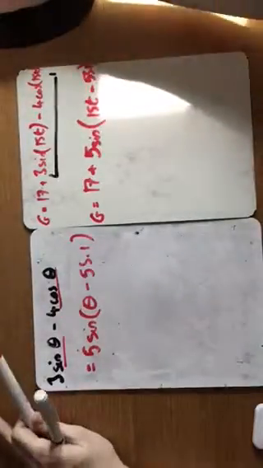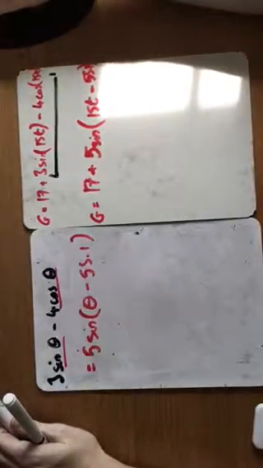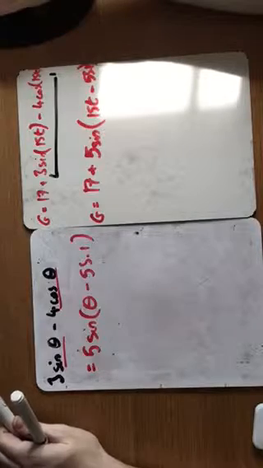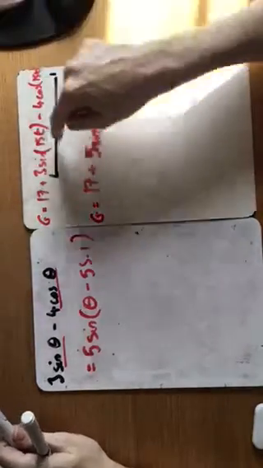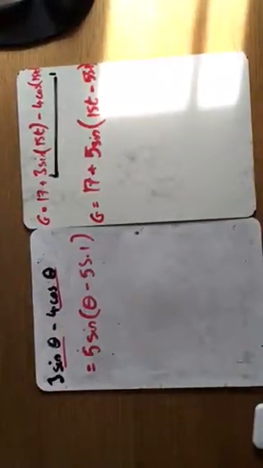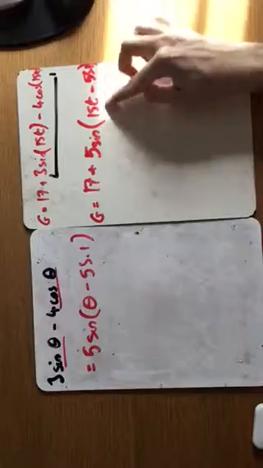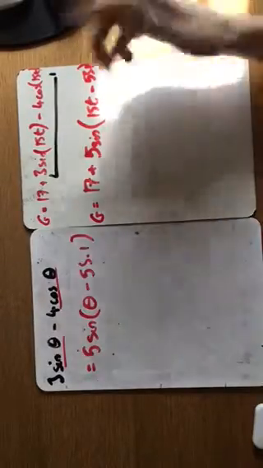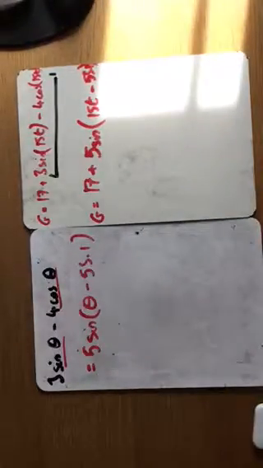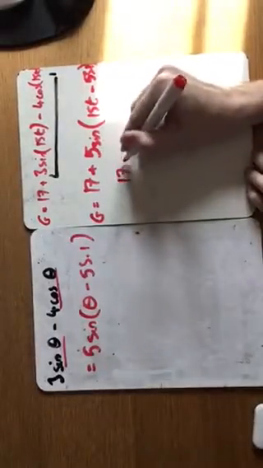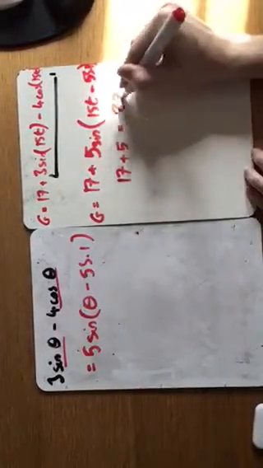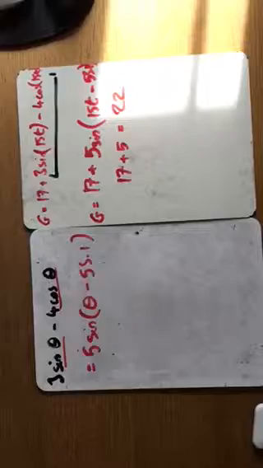Now the first part of part 2 of the question, or part B, was find the maximum temperature in the greenhouse, i.e. what's the maximum this thing could ever equal. The maximum this could ever equal, this is 5 sine something. It doesn't matter how complicated this thing in the bracket is, sine can only fluctuate between -1 and 1. And so the maximum this could be would be 17 add 5, which is 22.